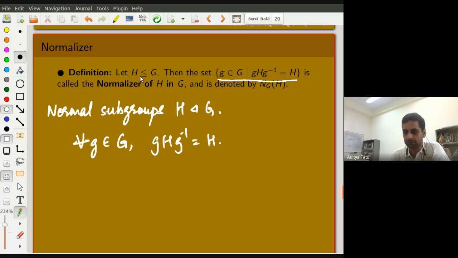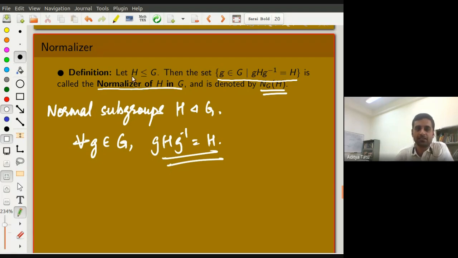That set is what is called the normalizer of H in G, and the notation is N_G(H). Once again, remember, if I have a normal subgroup H, then this property gHg inverse equal to H is satisfied by all group elements.